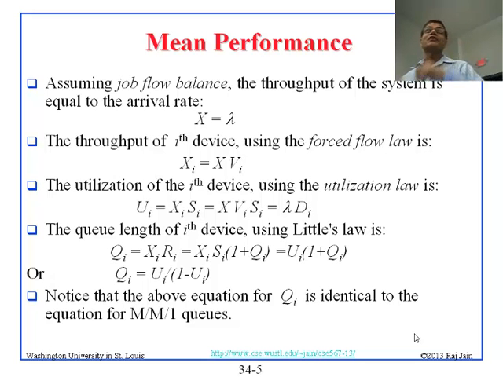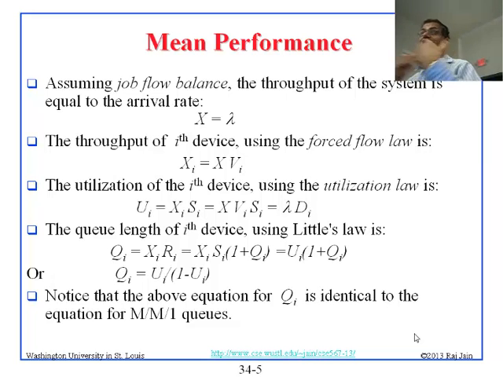We have seen this before. Where have we seen this before? The expected queue length equal to rho upon 1 minus rho. Have you seen it before? Where? M/M/1 queue, good. So this is basically the same thing.